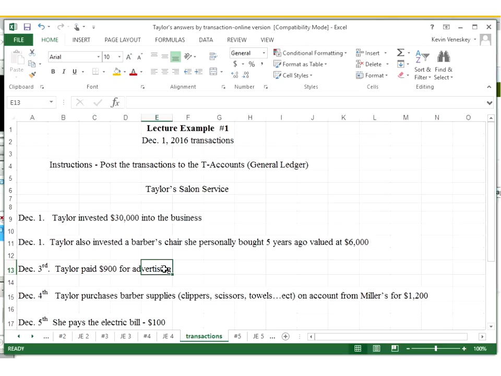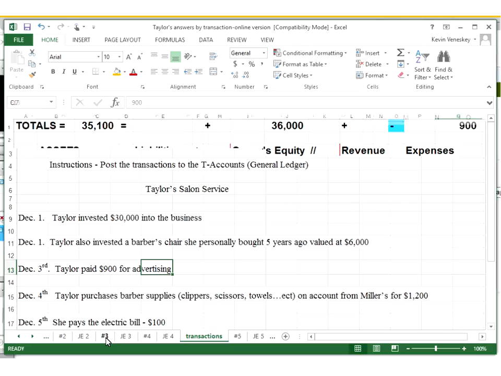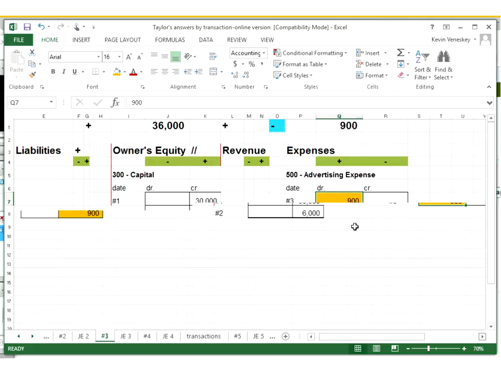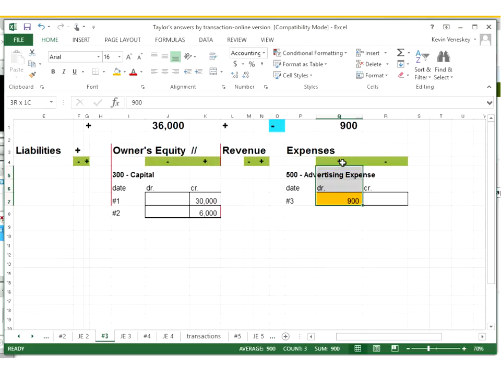So that $900, what did I get? I got advertising. So I can go here to my journal entry number 3, and I got advertising expense. My advertising expense did go up. I spent money for $900.